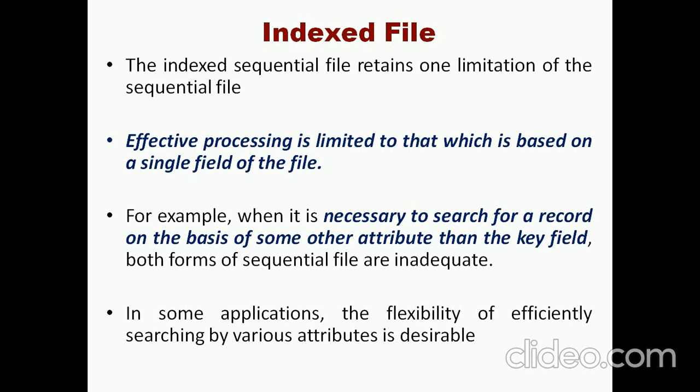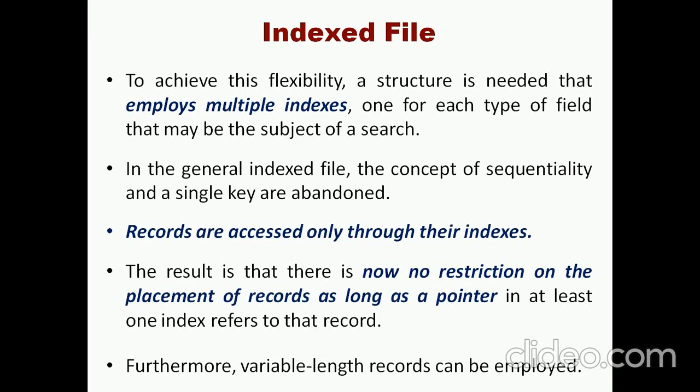That's why we have migrated to a new file organization called the indexed file, for effective processing of file systems. The flexibility is very high. It has multiple indexes, every record is accessed through its indexes, and there are no restrictions on the placement of records.